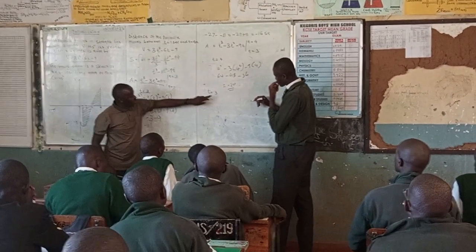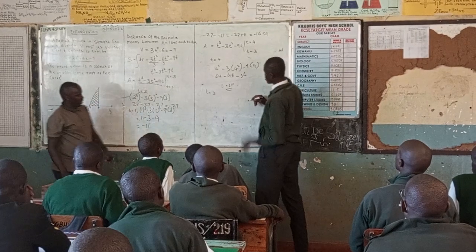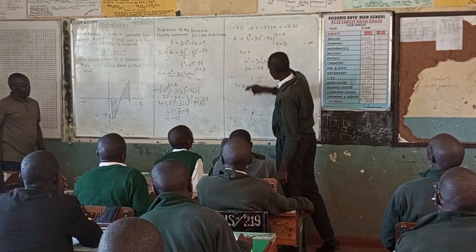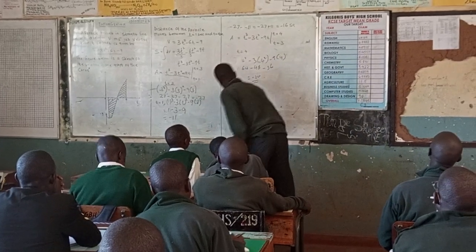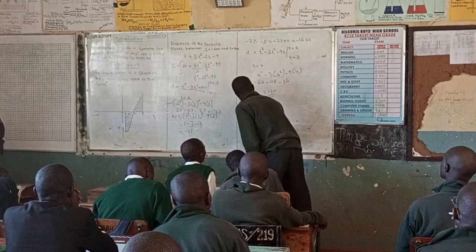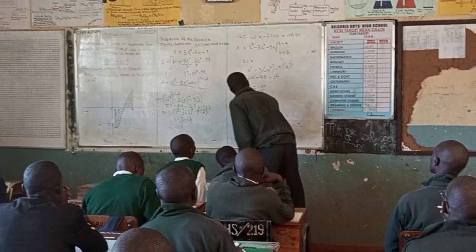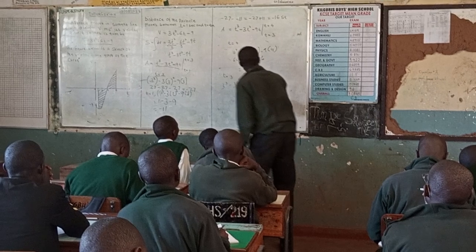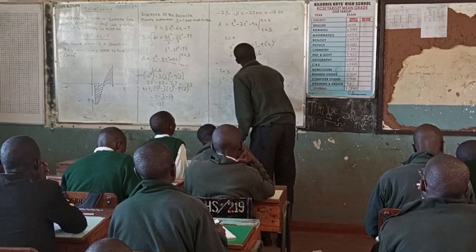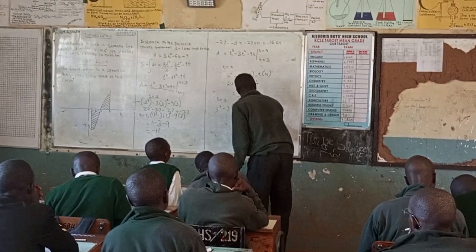Now we have t is equal to 3. Minus 3, then 3 squared is 9 times 3.